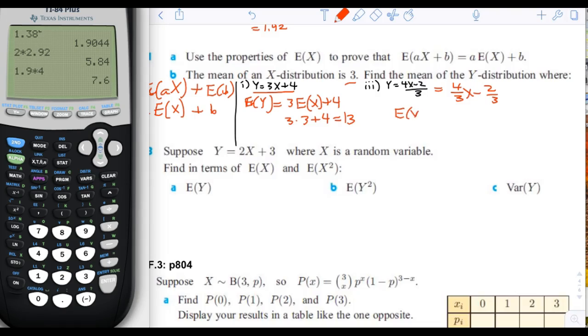The expected value of y is equal to 4/3 times the expected value of x minus 2/3. So 4/3 times the expected value of x, which is 3, minus 2/3 is equal to 4 minus 2/3, which is equal to 3 1/3, which is equal to 10/3.